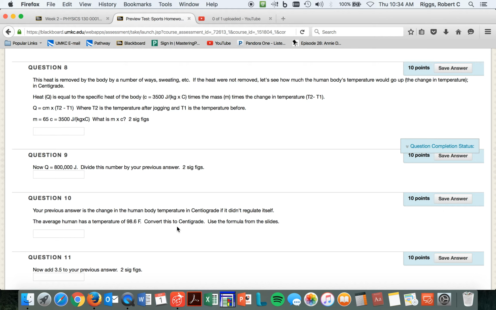We need to convert that to centigrade. This will be the last one I do, and then I'm going to save this and move on. Let's be careful on how we do that.